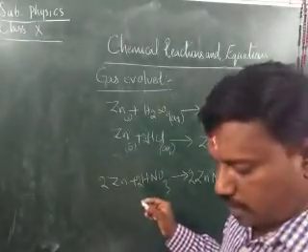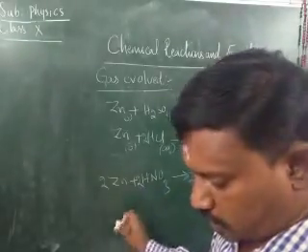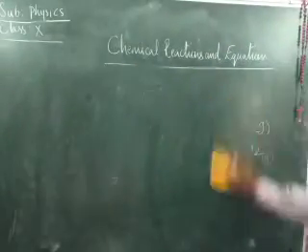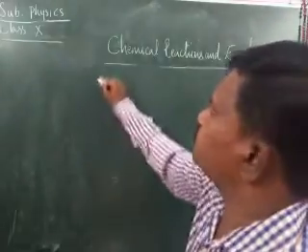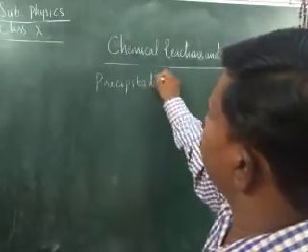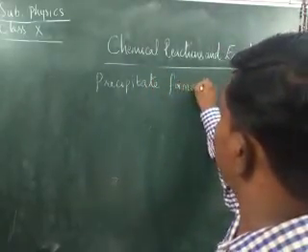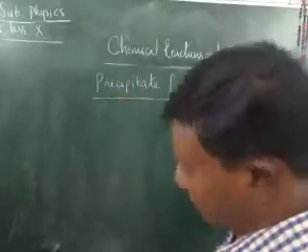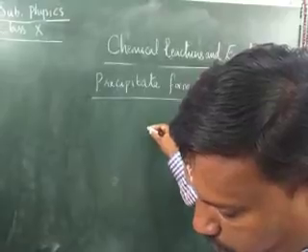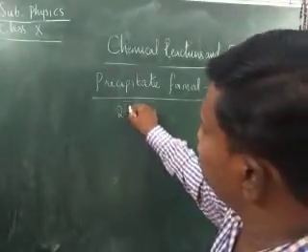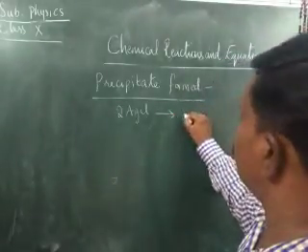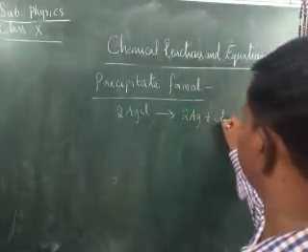Okay, children. And the last one is expressing the precipitate formed, the formation of a precipitate. Here 2AgCl, that is silver chloride, in the presence of sunlight gives 2Ag plus Cl2.